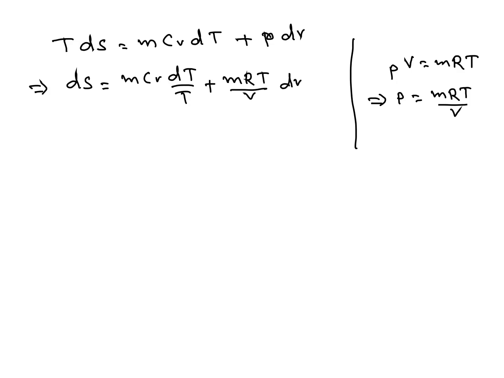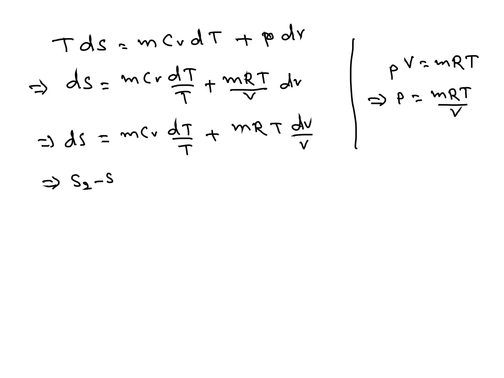So m Cv dT by T plus mR dV by V is dS. Then integrate. If we integrate, we will get S2 minus S1 equal to m Cv ln T2 by T1 plus mR ln V2 by V1.